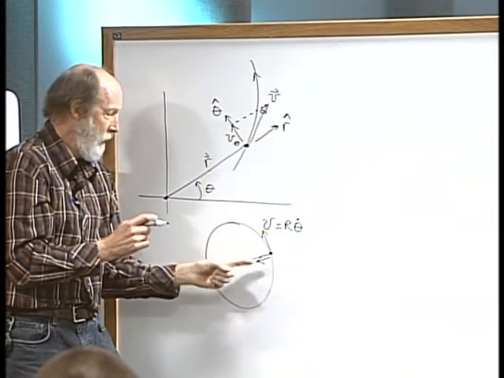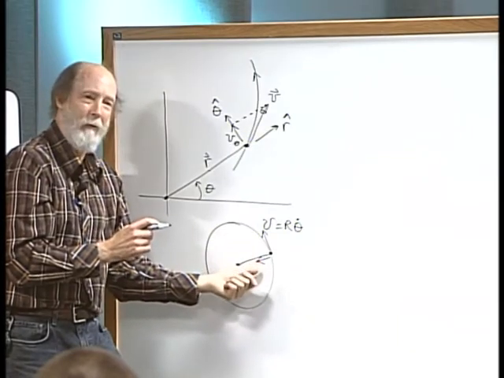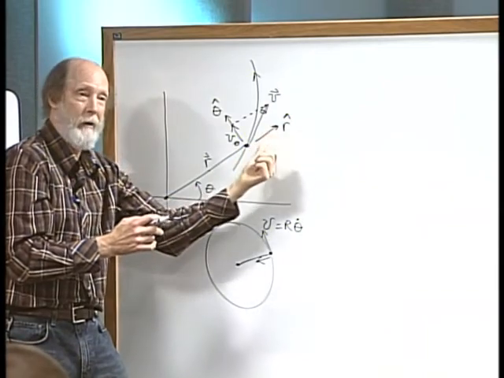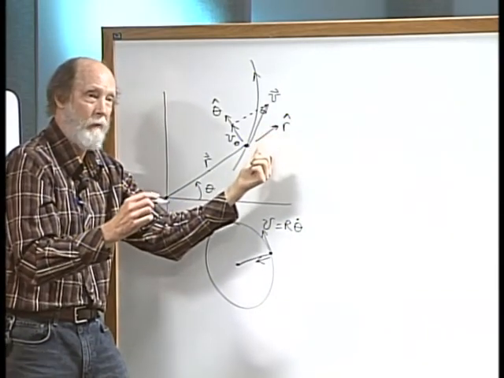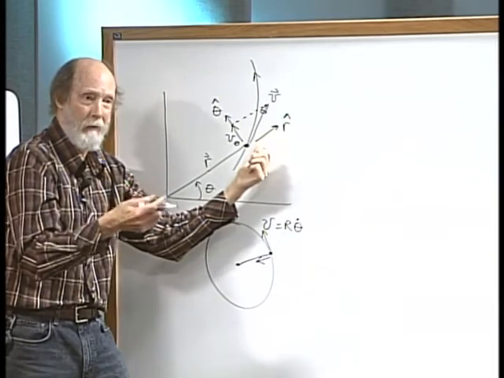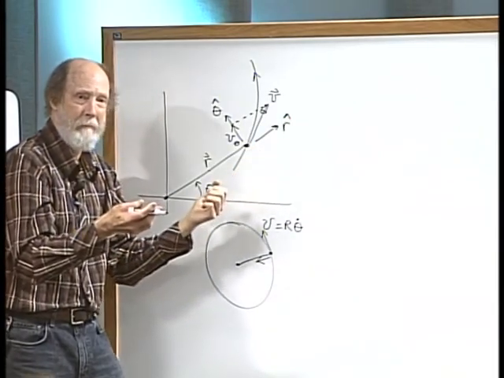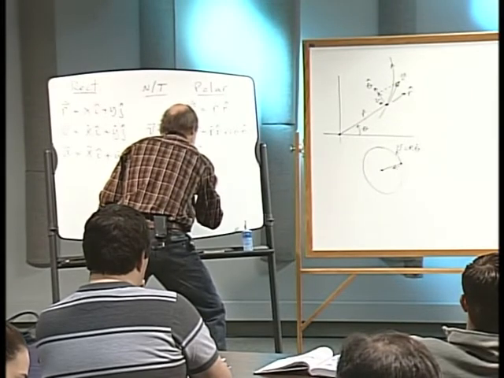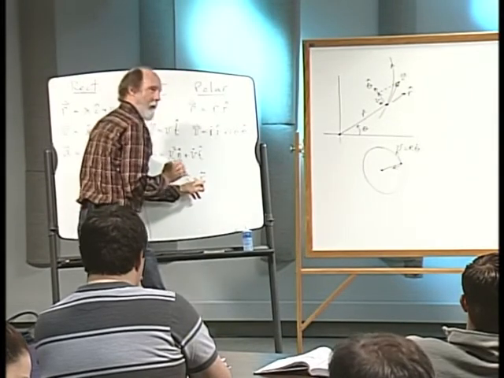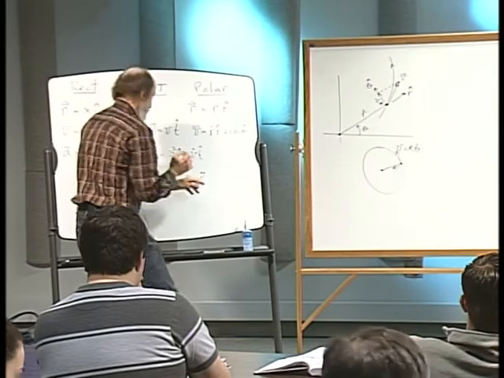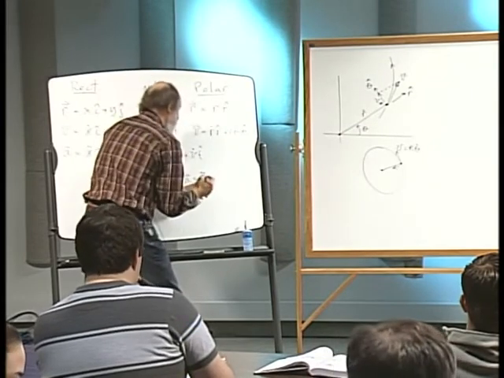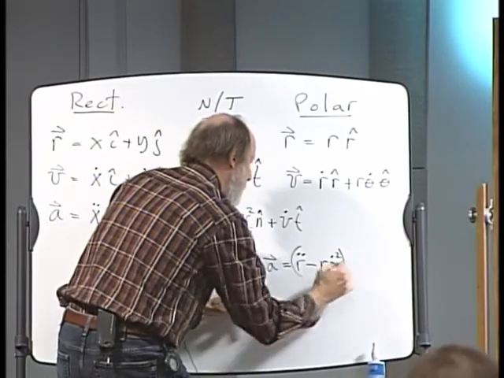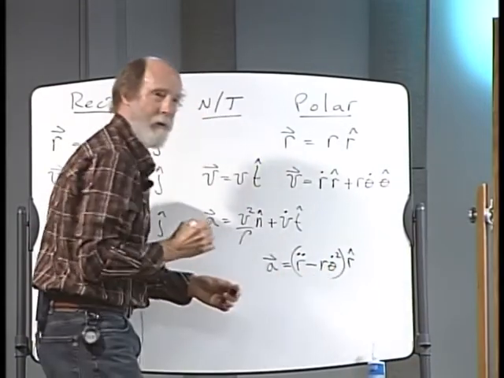It's coming directly back towards the pole, and so it's negative, and it's typically written as r theta dot squared. So we write the r-directed acceleration: here's the telescoping kind of an effect, r double dot, minus r theta dot squared. That's in the r hat direction.